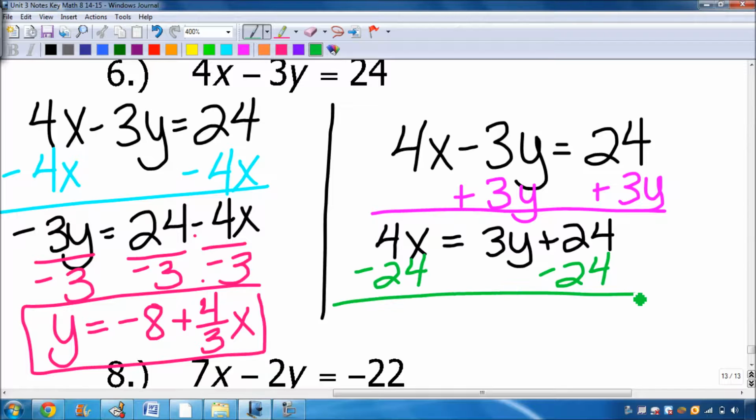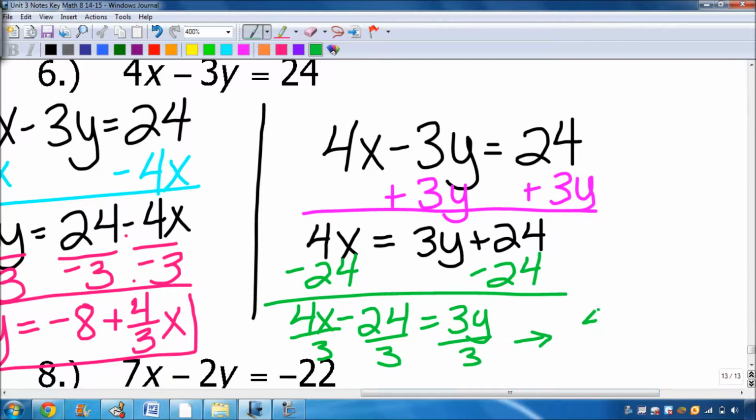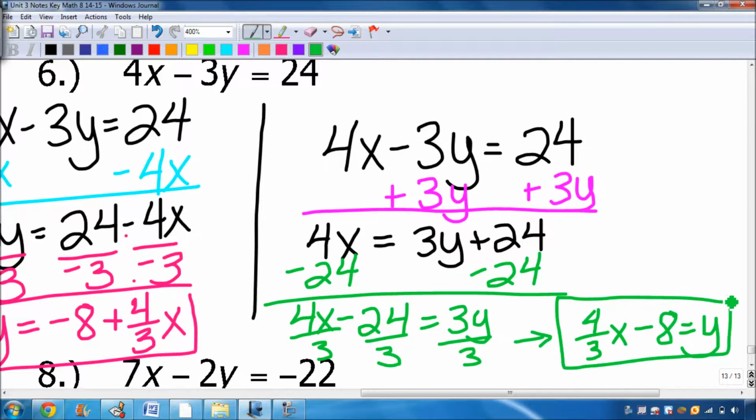These are not like terms, so I end up getting 4x minus 24 equals 3y. Lastly, I'm going to divide every single number by 3, so then my equation turns into 4/3 x minus 8 equals y.